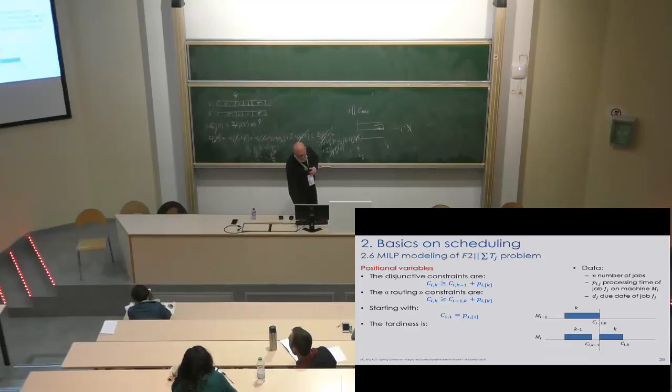We start with this. The tardiness is the completion time of the job on machine m minus its due date. And the objective function is to minimize the sum of tardiness.